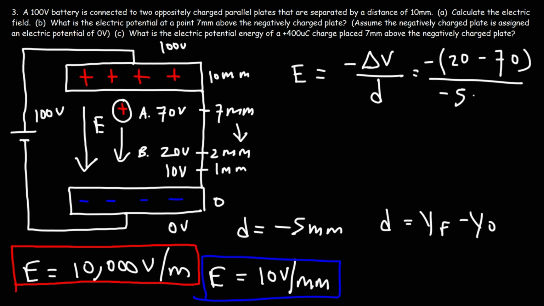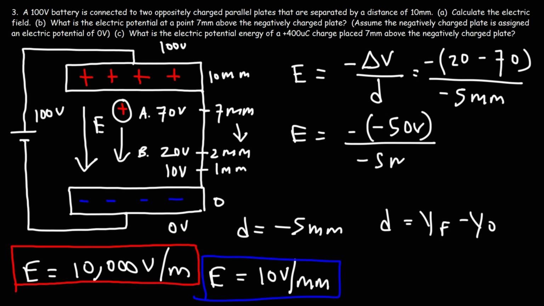So here we have negative 5 millimeters. And 20 minus 70 is negative 50. So we have a change in potential of negative 50 divided by negative 5. So these two will cancel. So we have positive 50 volts divided by negative 5. And so we're going to get negative 10 volts per millimeter.